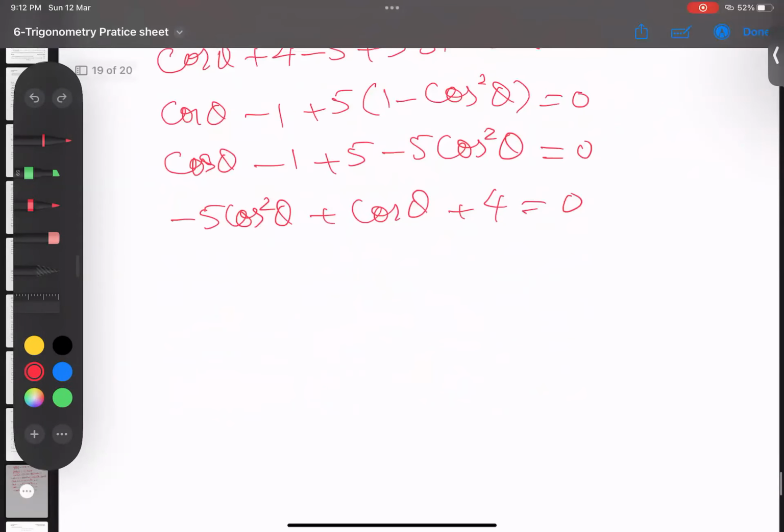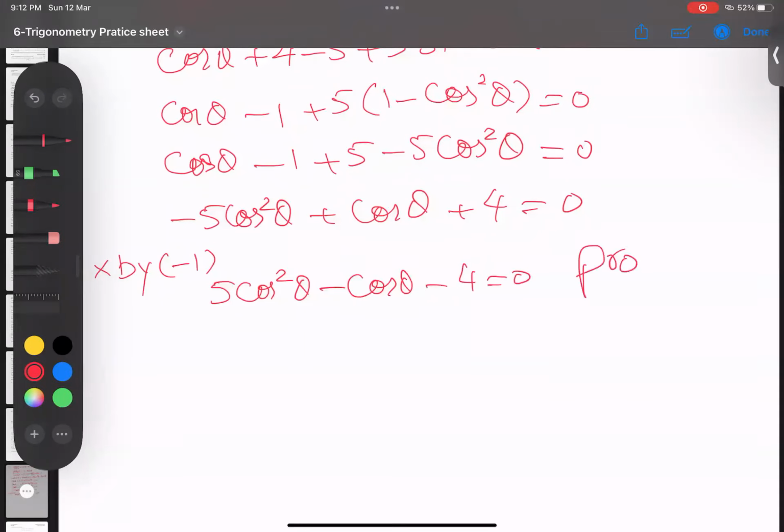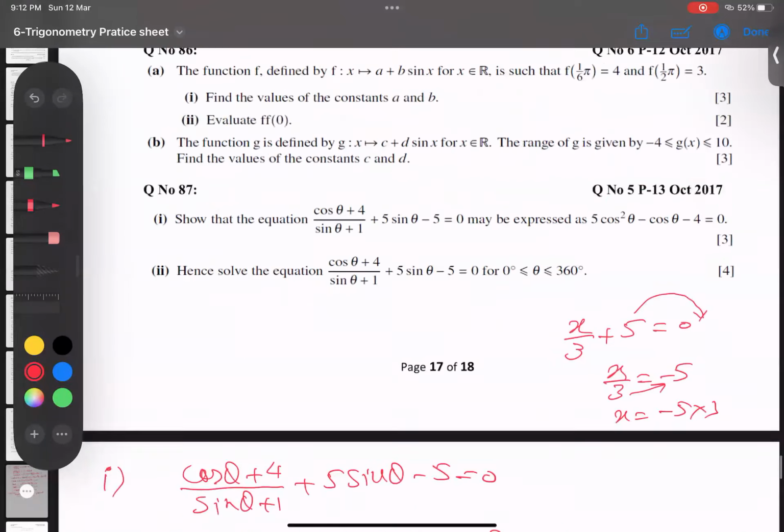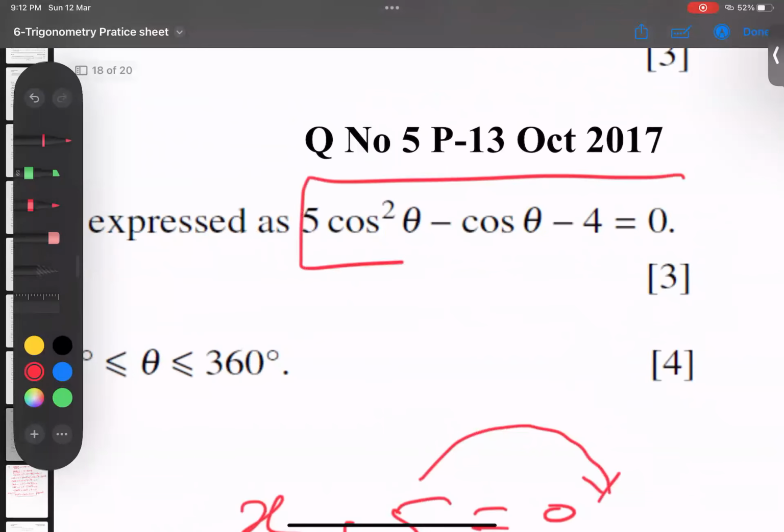So multiply the whole equation by minus 1. What happens then? If we multiply by minus 1, all signs will change. And alhamdulillah rabbil alameen, the target is achieved. Okay, and let's see what he is asking. Yes, perfectly matched. Alhamdulillah rabbil alameen.